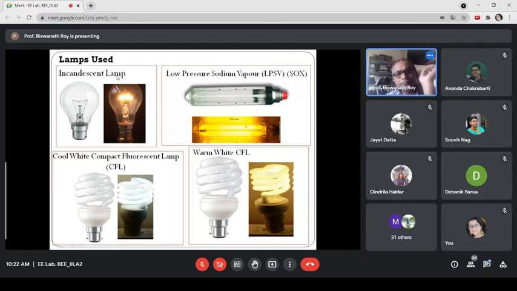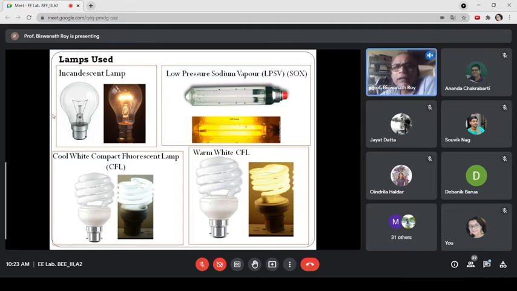So incandescence. Incandescence is the physical process where light is generated by heating a metal body.